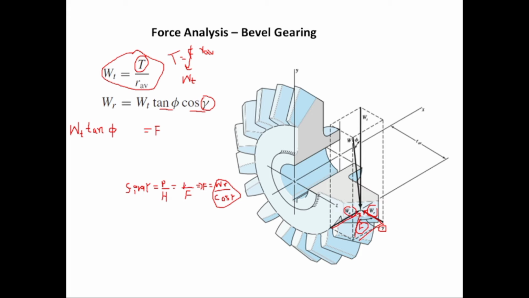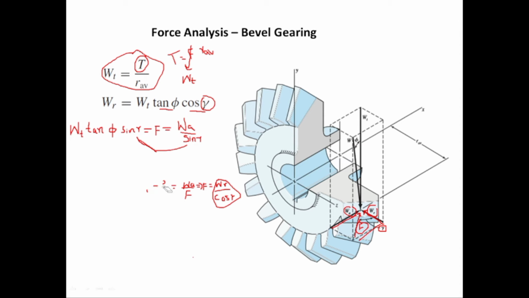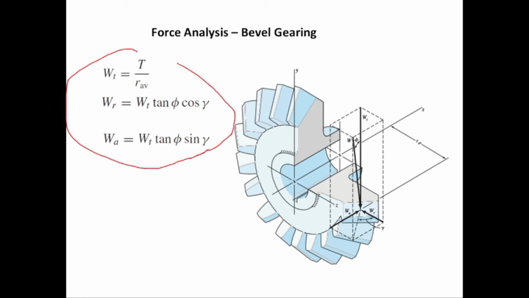Perpendicular is WA, so replace it by WA and hypotenuse as F. So sine of gamma is equal to WA by F. Again rearrange it for F, which will be equal to WA divided by sine of gamma. Now multiply the sine gamma on both sides, we will get WA equals to Wt tangent of phi into sine of gamma. These are the main forces that play an important role in force analysis.